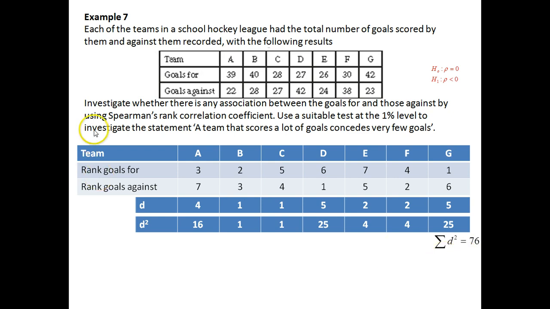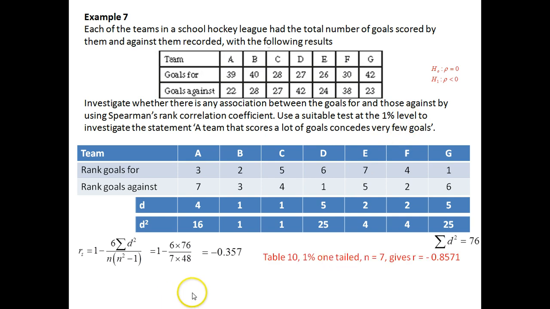So our Spearman's rank correlation coefficient is given by that. Work that out and we have minus 0.357, which looks very low indeed. So table 10 we need to look at.